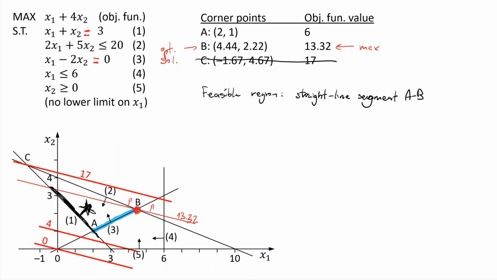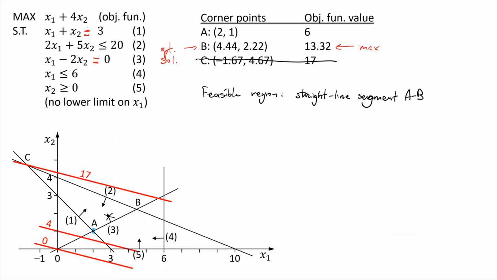We should now consider, the same way as this was not allowed before when we considered constraint 3 to be an equality, that the feasible region will change again. The feasible region points have to be on this line, and they therefore cannot be those points here, right? They can't be these points.